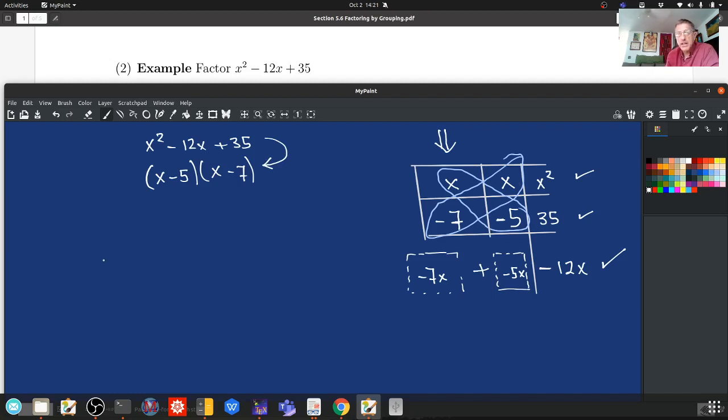And this is sometimes called a guess and check method. And some mathematicians don't like the guess and check method, but every last method involves some form of a guess. But it's not a wild guess.